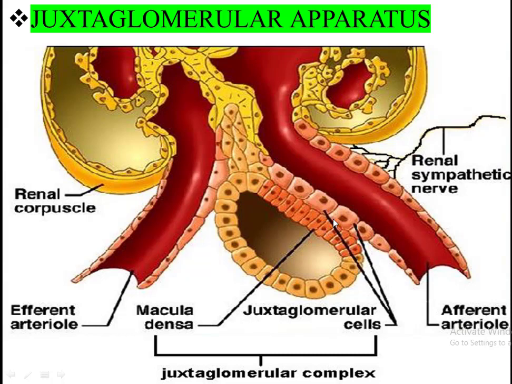The other type of cell in the juxtaglomerular apparatus is the juxtaglomerular cell. This juxtaglomerular cell is a cell of the blood vessels, not a cell of the tubule. It's also a specialized smooth muscle cell, near the normal smooth muscle cells of the afferent arteriole. The second name is the granular cell. Why is it called a granular cell?